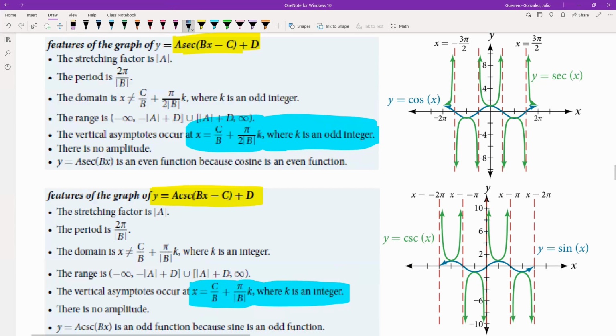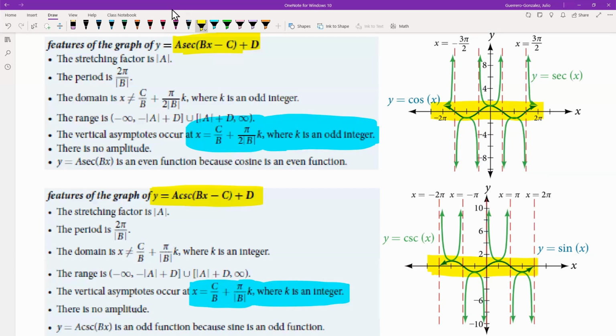What I want everybody to draw your eyes to is this. There's that blue line in between for both of these. For secant, that blue line is cosine, and for cosecant, that blue line is sine. You guys remember, right?